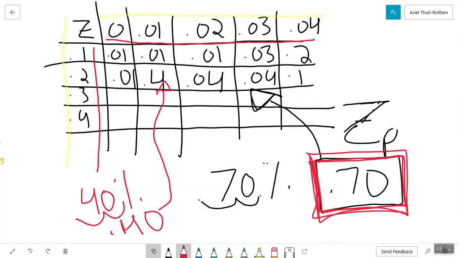So now what I'll do is I will find the Z-score for that probability. So I'll say, okay, the first number is going to be 0.2. And then I'll go up to 0.01. I'll throw these together and I'll say my Z-score is 0.21.